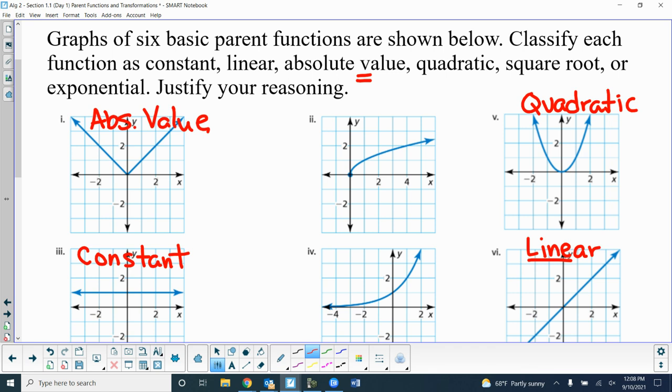But just to let you know what these are, this one is the square root. You probably didn't see the square root one in Algebra 1. You probably saw the exponential one. And if we think about square root, what's the square root of 0? 0.